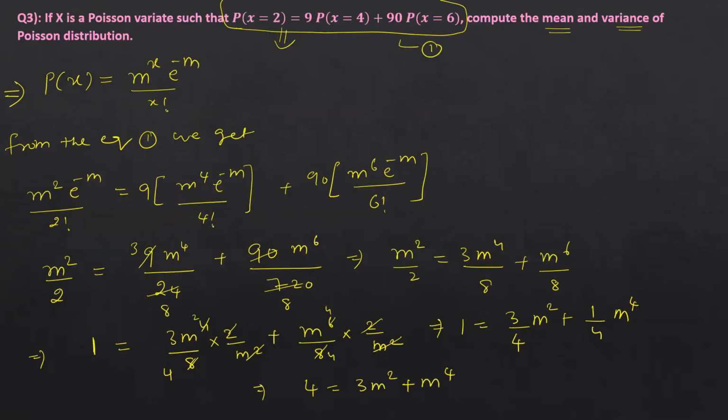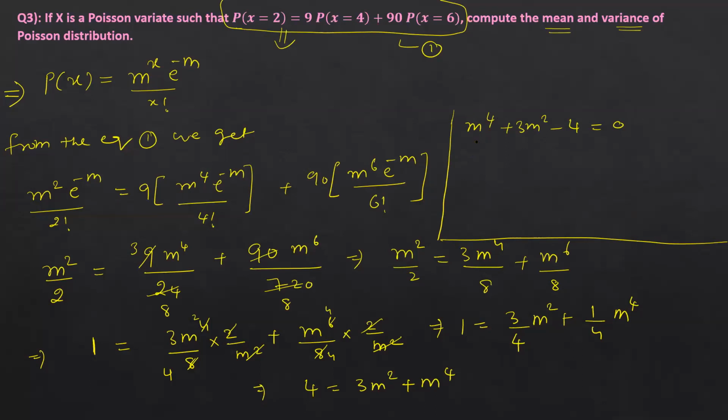I don't have space here, so I will solve it here. So this will become 3m power, highest power first I will write. So this is m power 4 plus 3m square minus 4 is equal to 0.